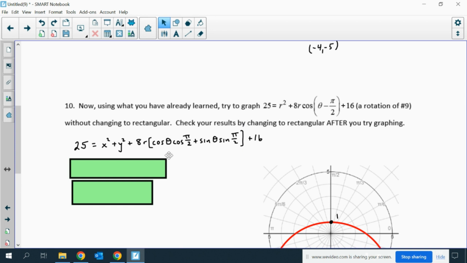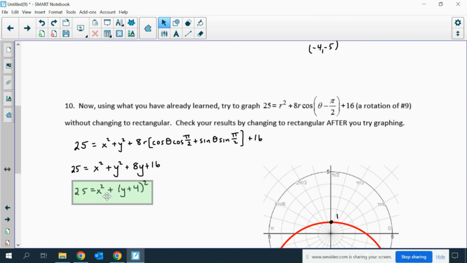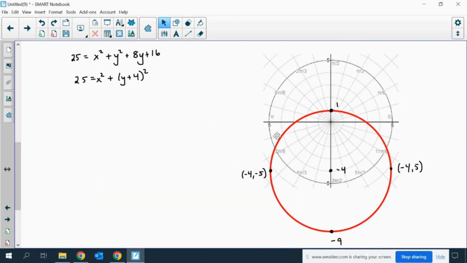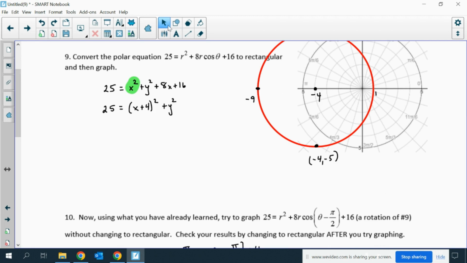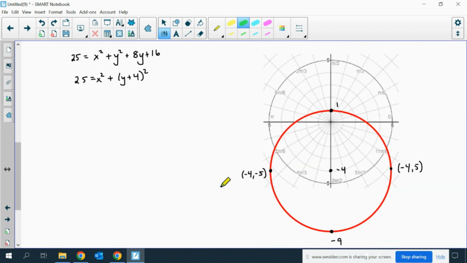Cosine of pi halves is 0, sine of pi halves is 1. So I end up with 8y instead of 8x, and so I end up with x squared plus y plus 4 squared equals 25, which is an exact pi halves counterclockwise rotation of this graph. So notice if I moved it this way, counterclockwise pi halves, I end up with my center right here.